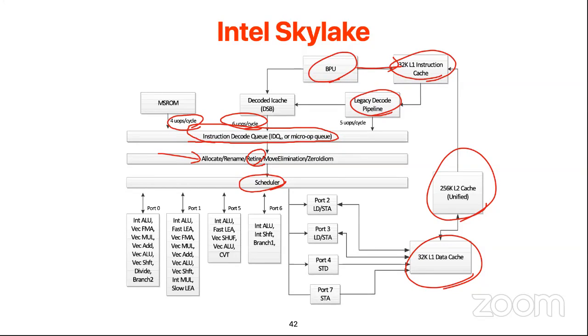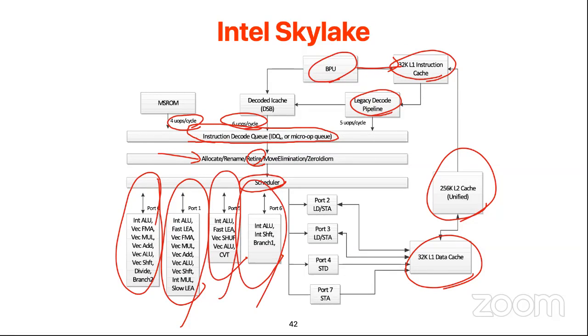And again, they have the integer pipelines, 4 integer pipelines, and they have 2 load units and 4 store pipelines that interact with the data cache. So that's the Skylake design.